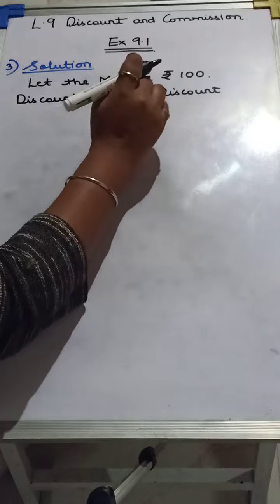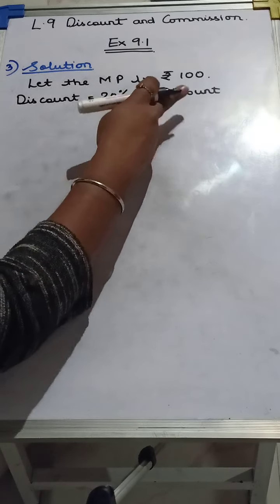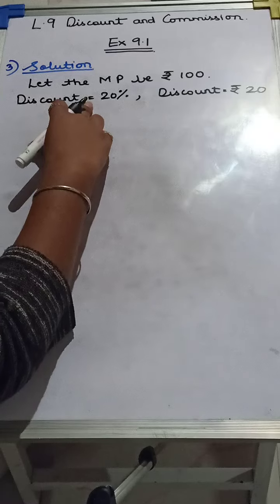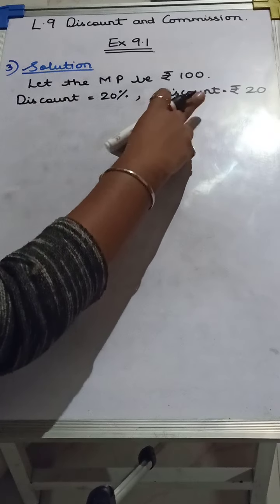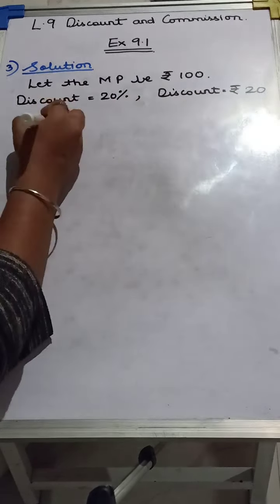Okay, your discount is 20%, so discount in rupees will be rupees 20. Therefore selling price is equal to marked price minus the discount, because we'll get the selling price.